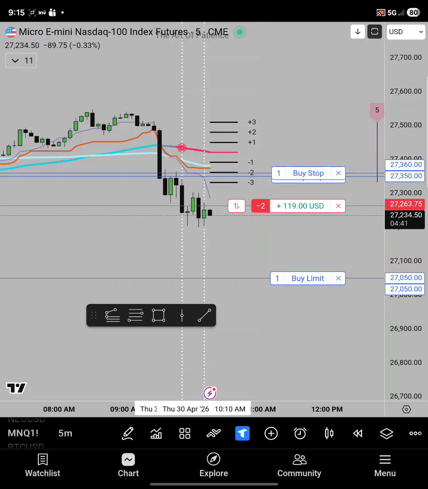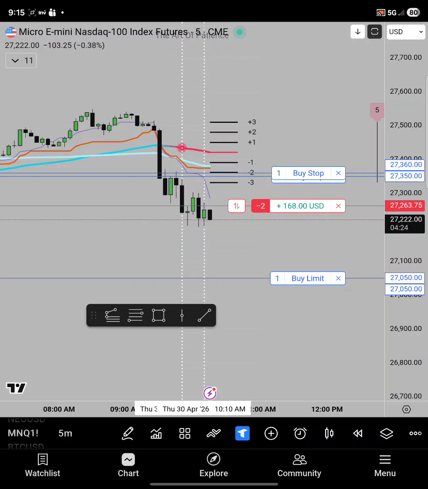The Kijun is from the Ichimoku cloud, but I only use the Kijun and the Tenkan. Those are confirmation indicators, and combining that with the VWAP makes a very powerful system.